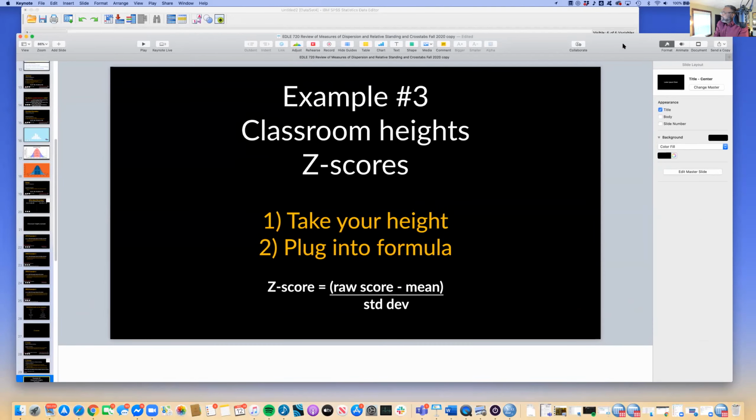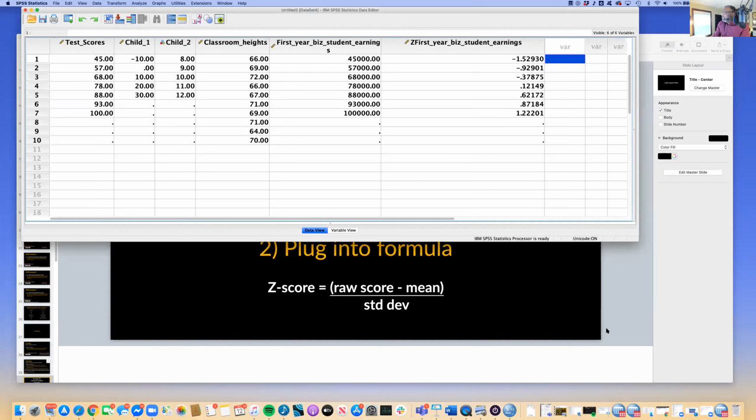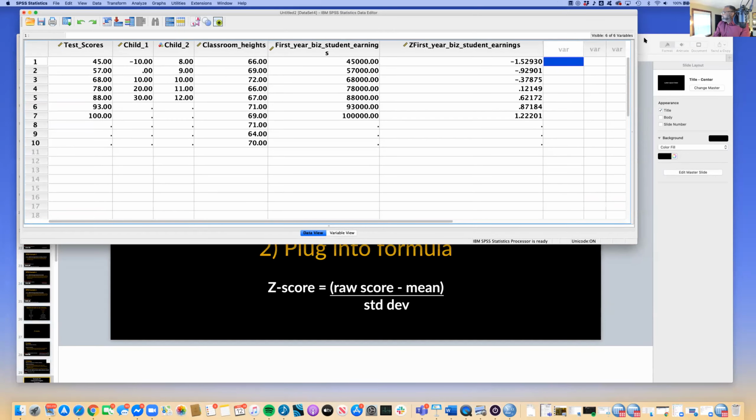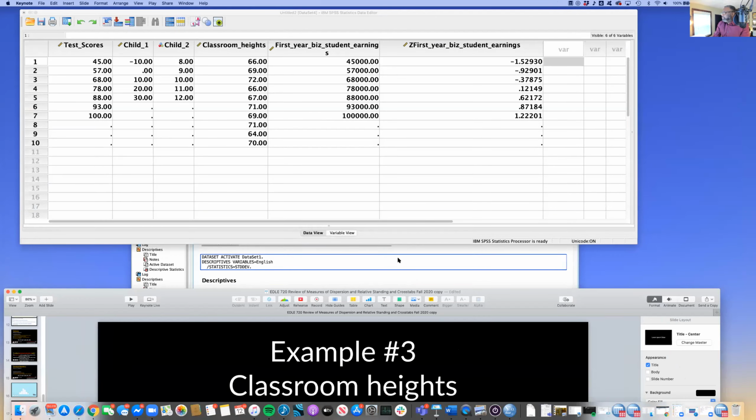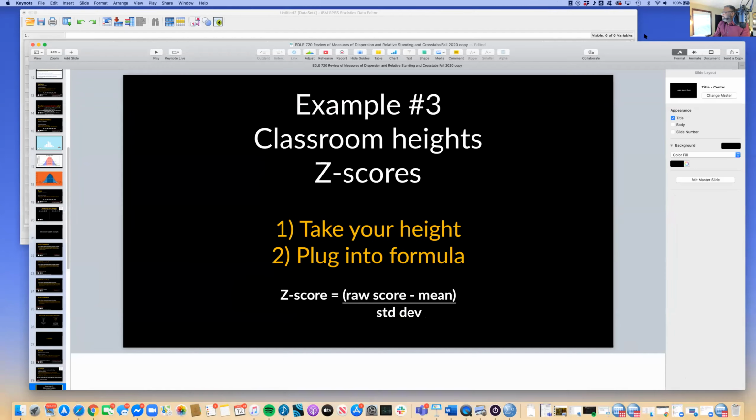Cool. So what I'd like for you to do is to do your equation. So if you were 71 inches, you're going to do 71 inches minus the mean, which is 68.5. And you're going to divide that by the standard deviation, which is also in the output here at 2.63. You can stop at 63.